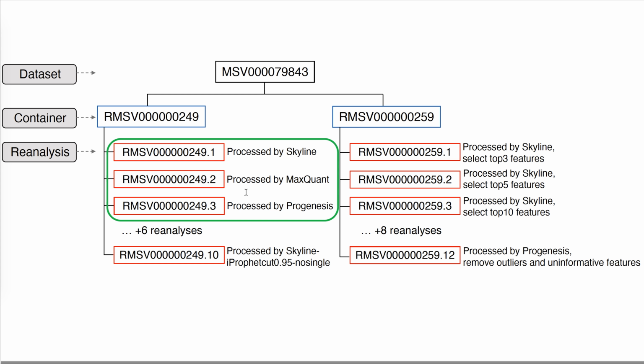Basically, I want to compare, from the same data set, if we use a different processing tool, how the conclusion will be different. The MSstats comparison workflow supports up to 5 different results because it is not easy to draw a Venn diagram for more than 5 different results. So in this example, we will use 3 results.